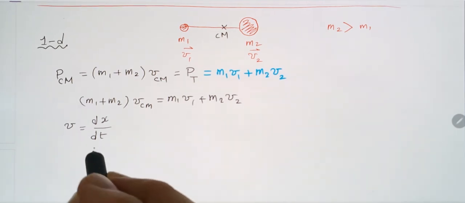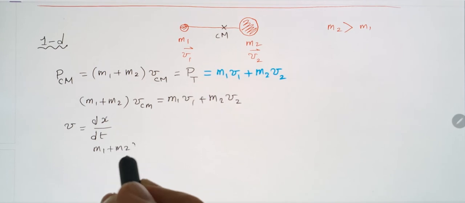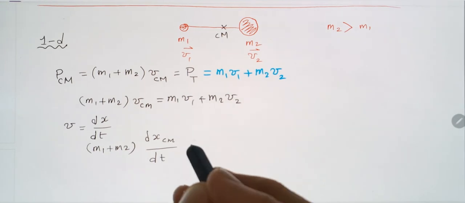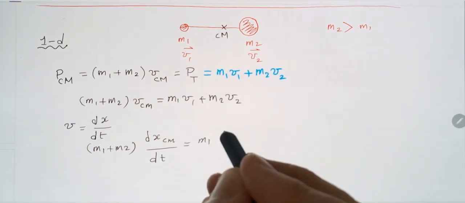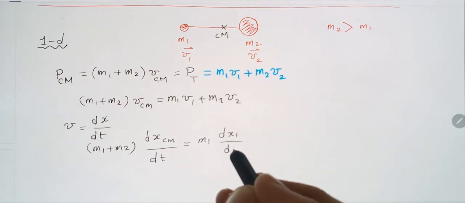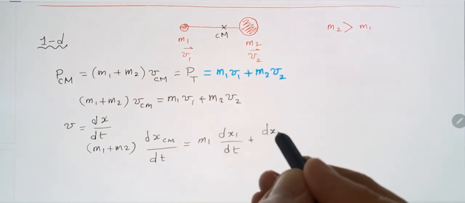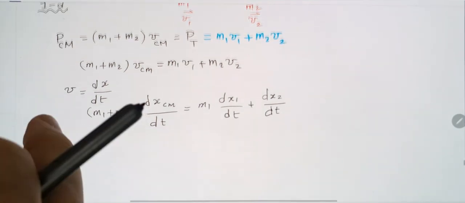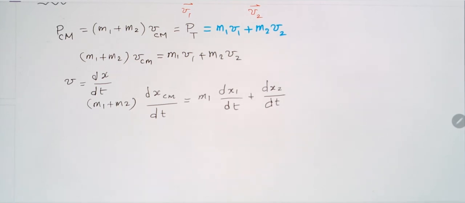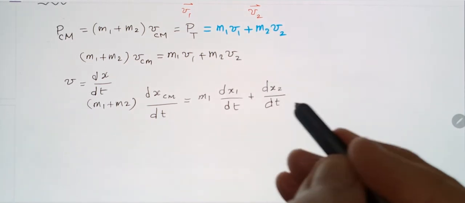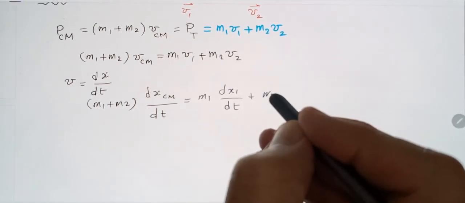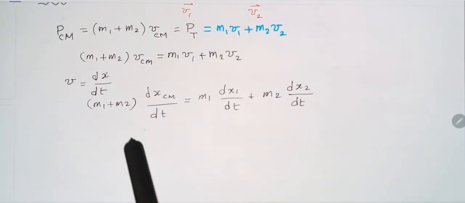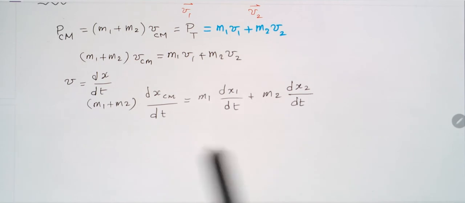So let's apply it. m1 plus m2 times dx center of mass with respect to time is nothing but m1 dx1 with respect to time plus m2 dx2 with respect to time. To get rid of the derivative, how about we integrate both sides?